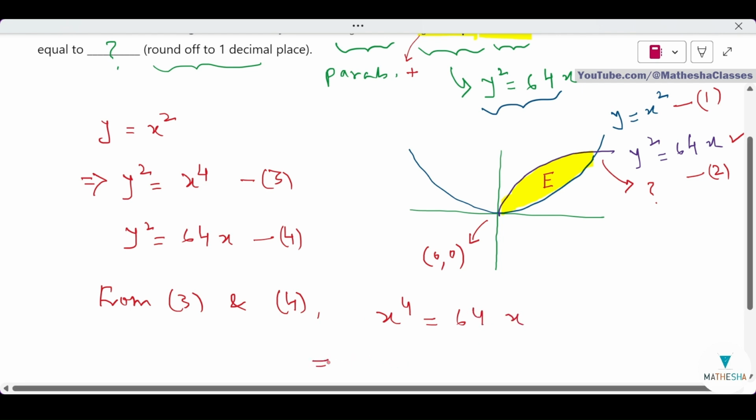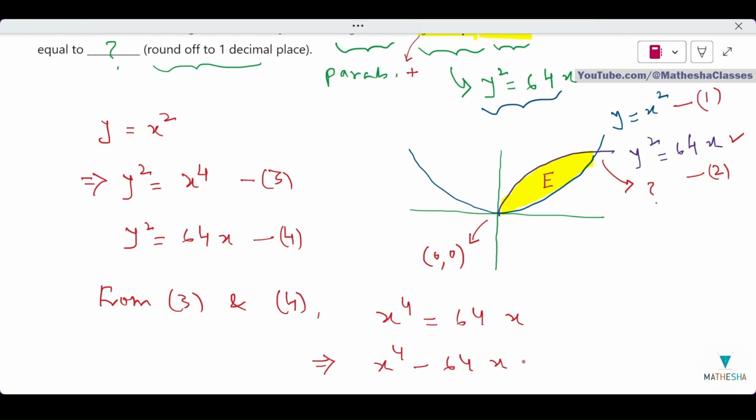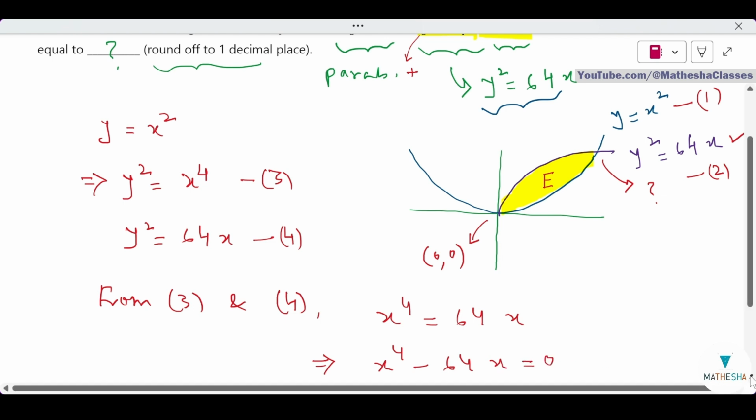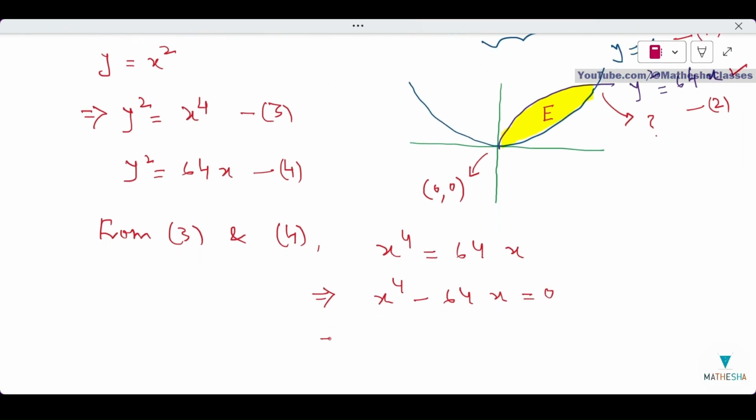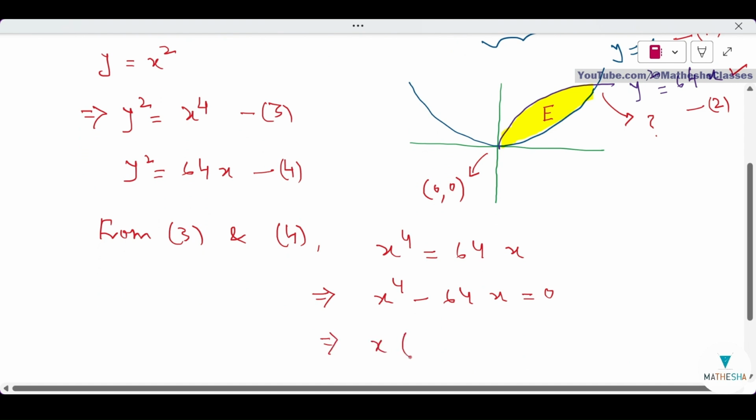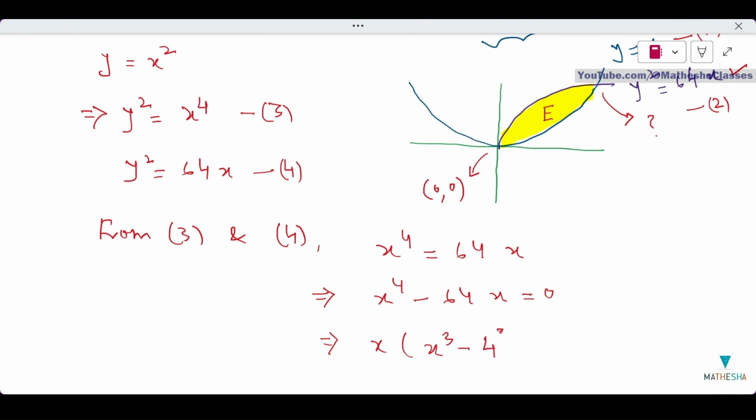Now bring everything on one side, then you will be getting x to the 4 minus 64x equal to 0. Taking x common, you will be getting x into x cube minus 64, that is 4 cube, equal to 0. So x equal to 0 or 4.